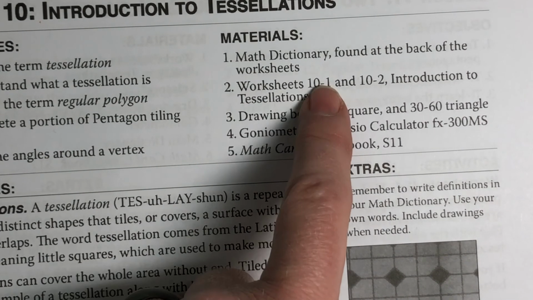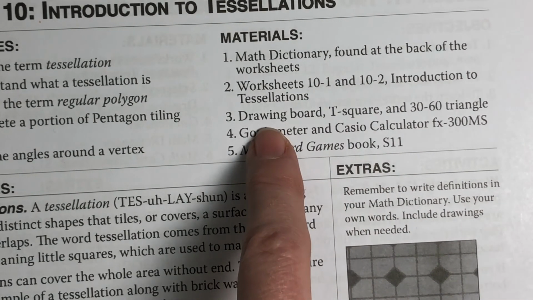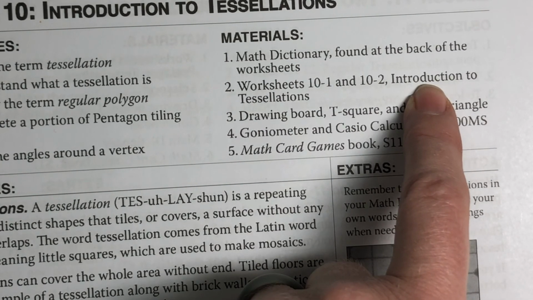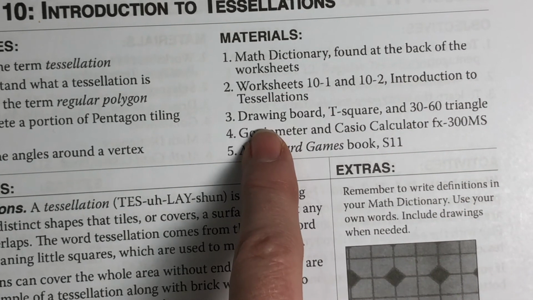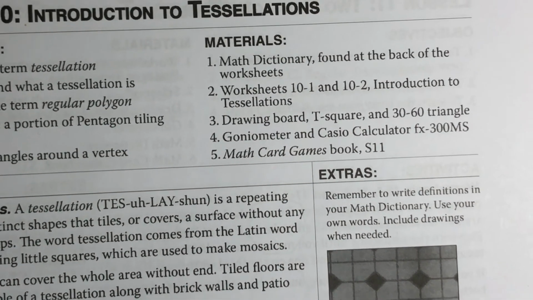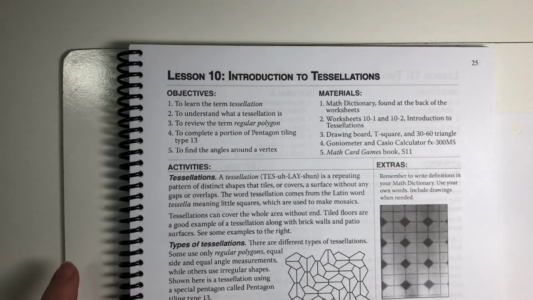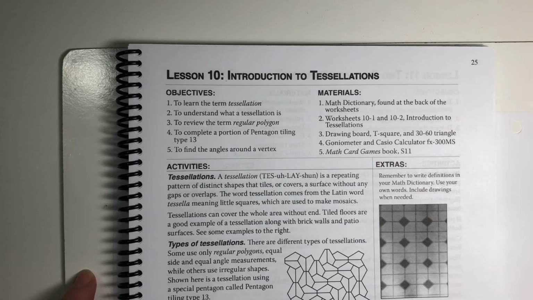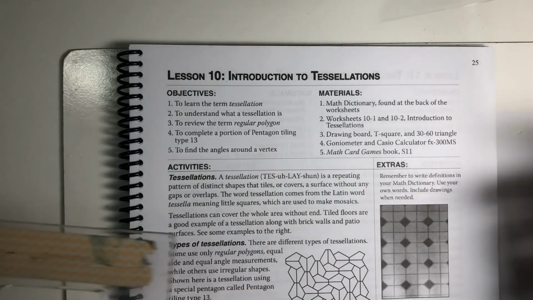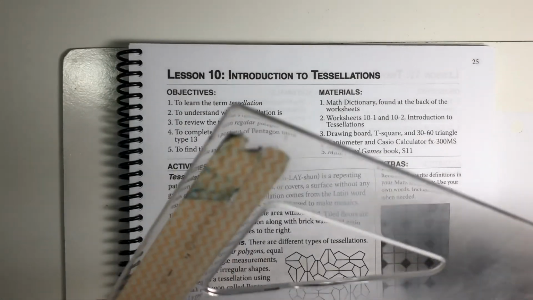We are going to be doing worksheets 10.1 and 10.2 today. This is the name of the worksheet, Introduction to Tessellations. We're going to be needing a drawing board, which is right here, a T-square, and a 30-60 triangle.